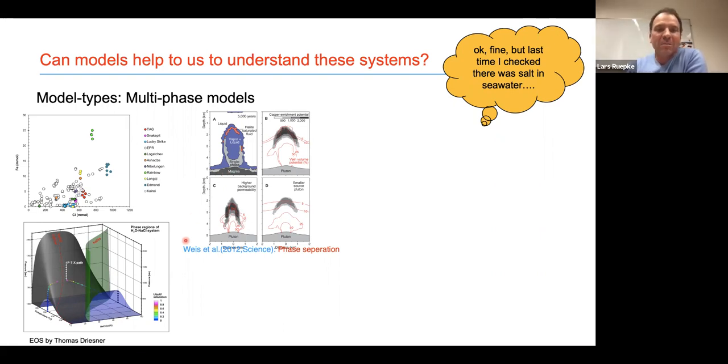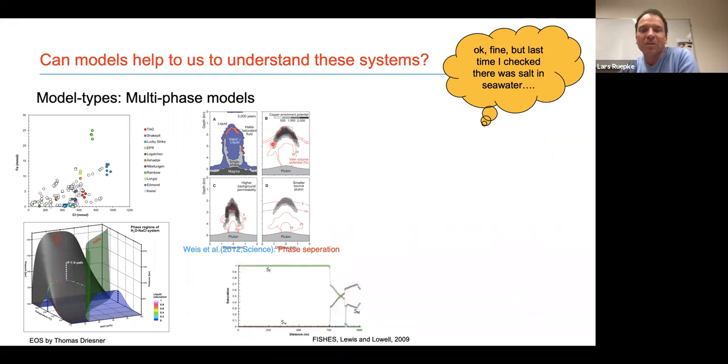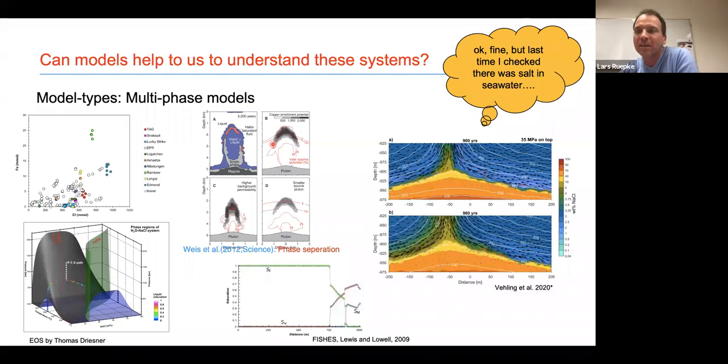And this is one example from Philip Weis, also a really cool paper, where they put in dynamic permeability models and then looked for conditions for metal mobilization and redeposition, and how you can relate that to the different multi-phase flow. There's also the FISHES code from Kayla Lewis and Bob Lowell that can handle that. And we have our own version that Falko Fehling developed in his PhD, where we use an implicit scheme to also implement this equation of state, and then you can look at these systems.